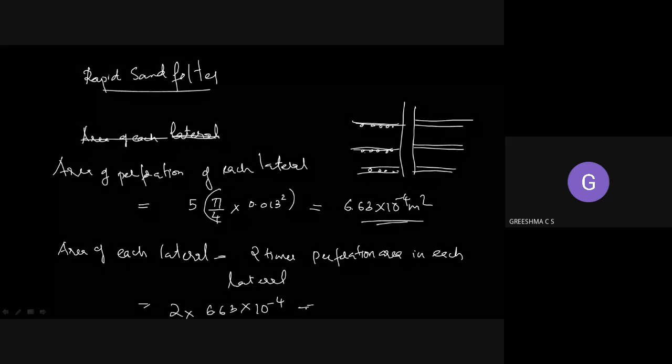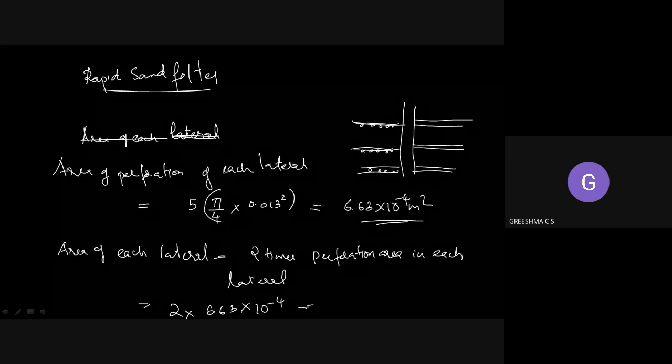So how much you are getting? Area of each lateral is equal to, അതായത് നമ്മളിപ്പോൾ കണ്ടുപിടിക്കാൻ പോകുന്നത് ഒരു ലാറ്ററലിന്റെ ഏരിയ ആണ്. So area of each lateral is equal to 2 times the perforation area. ഈ perforation area 2 ഇരട്ടിയാണ്. So 2 into 6.63 into 10 raised to minus 4. So how much it is? Tell me fast.